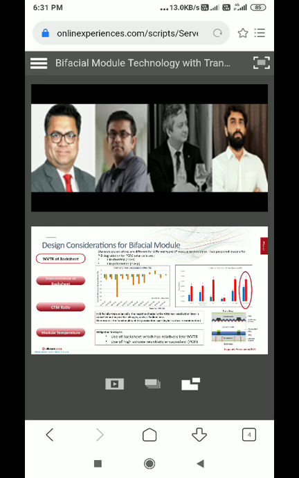Now, because of high moisture ingress through the backsheet, the mobile ions of sodium, which are principally responsible for PID, can deteriorate the rear faster. And this is what we also see in the graph on the right-hand side.